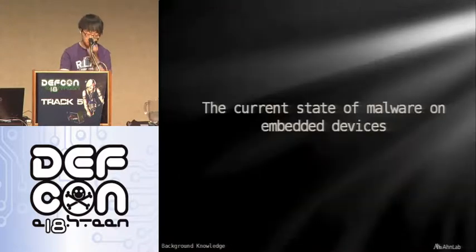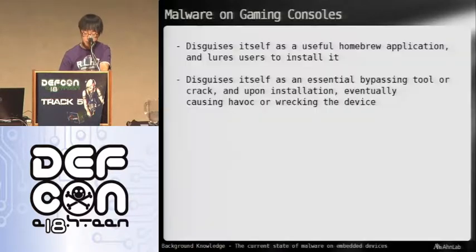We know that there already is embedded device malware running in the wild for quite a while, but just to give an example of a couple of these, on gaming consoles we had a malware that looks like a homebrew, and it actually does have useful features to make people install these homebrew malware. But the attacker made it so that it had a separate thread running in the background doing lots of other sneaky stuff.